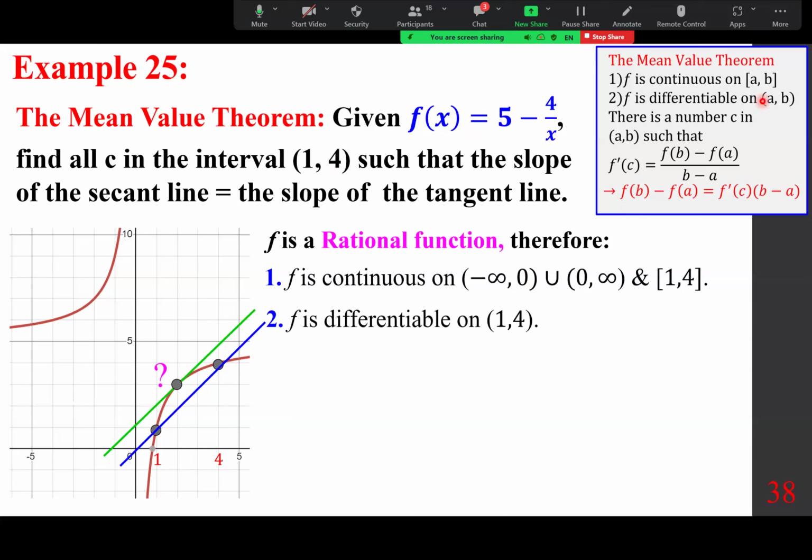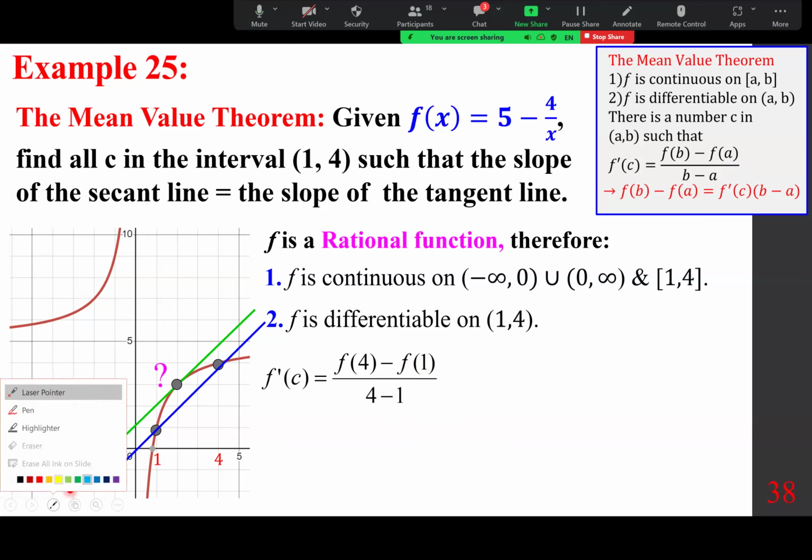Then there must be a point where f prime of c equals f of b minus f of a over b minus a. So this is a, this is b. So we're going to find f of 4 minus f of 1 over 4 minus 1. If we put 4 in here, class, this happens very fast.